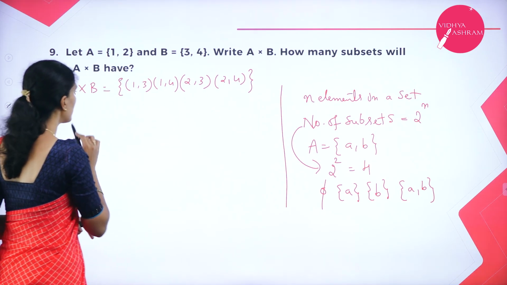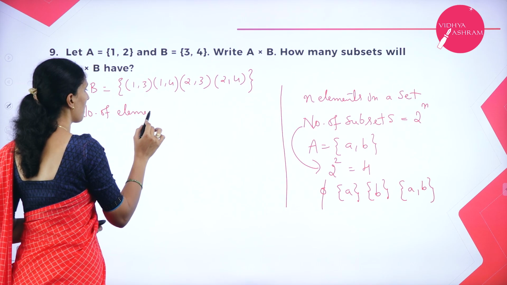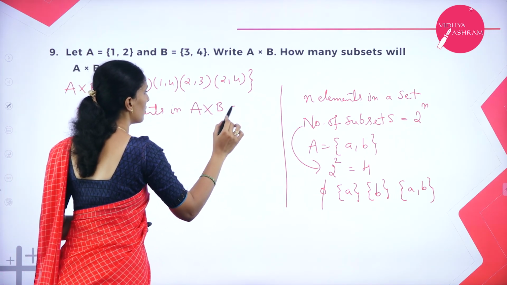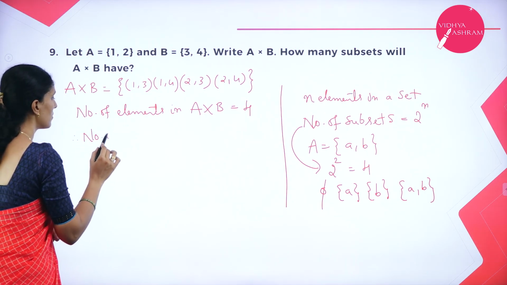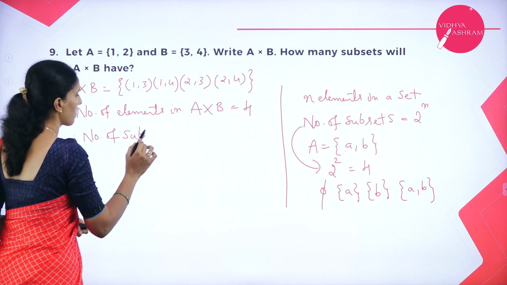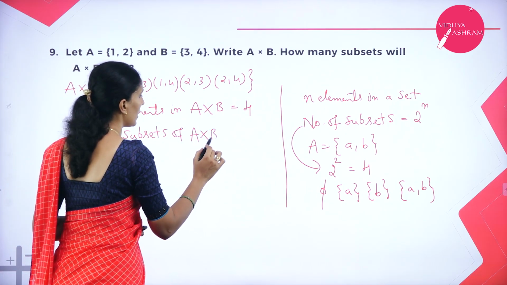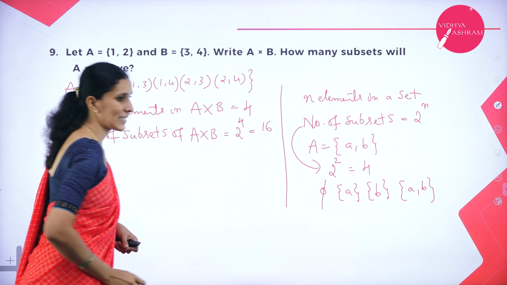So how many elements do you have? The number of elements in A cross B is 4. Therefore, the number of subsets of A cross B will be 2 power 4, that is equal to 16 subsets.